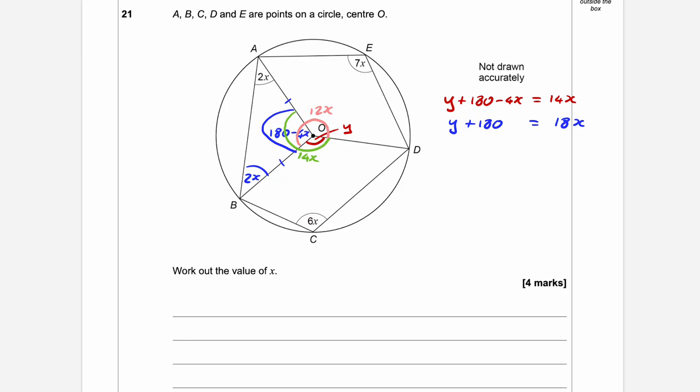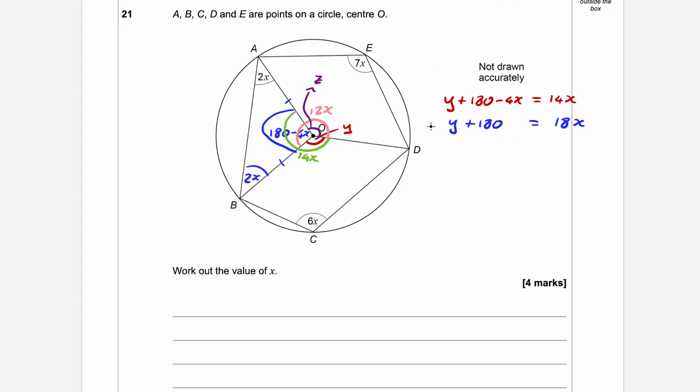Now, without calling this y, let's call this z. This is the small one. Sorry, let me just be clear. This is z.